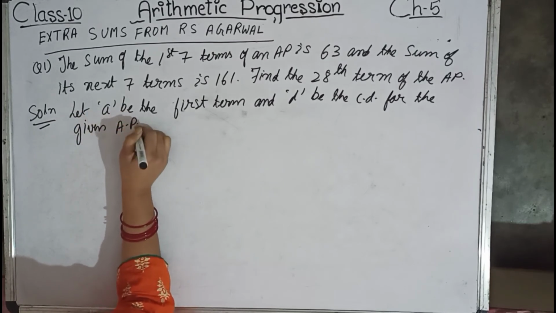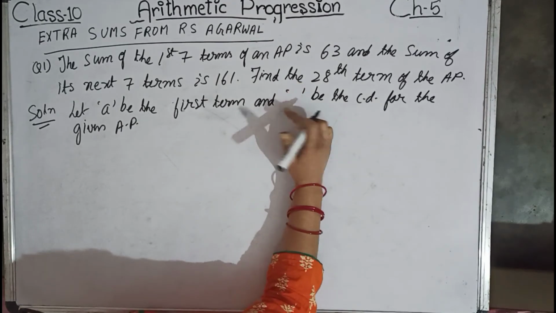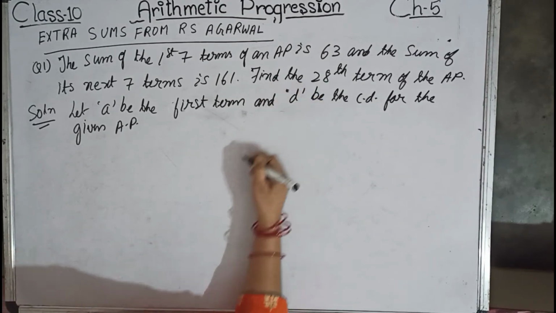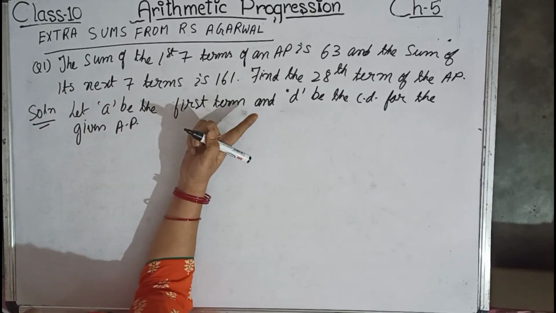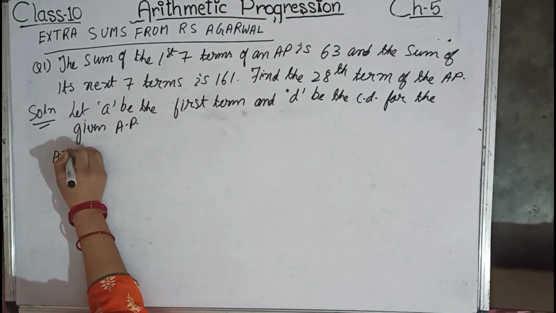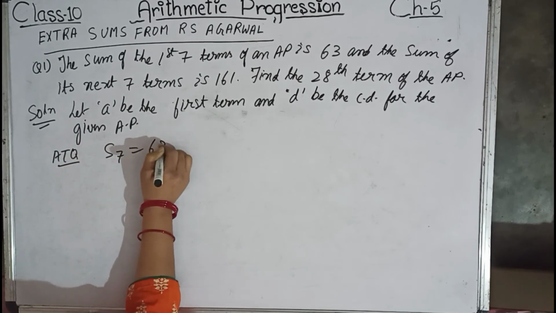Children, remember to write this. For writing the formula, what A and D are has to be clarified to the evaluator. Now it is given the sum of its first 7 terms. So according to the question, S7 equals 63.